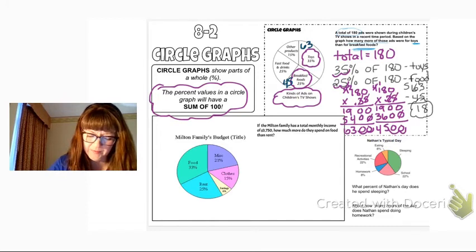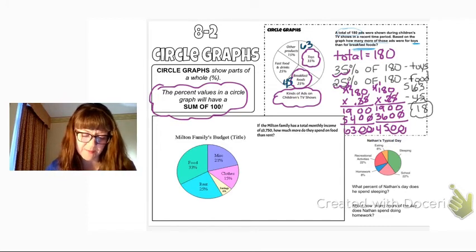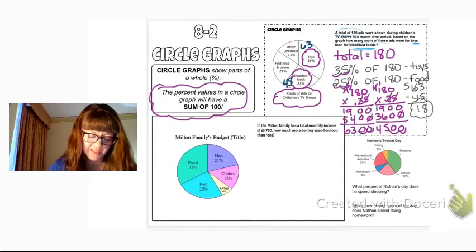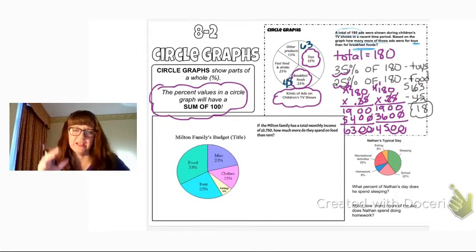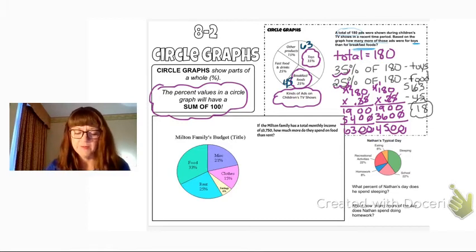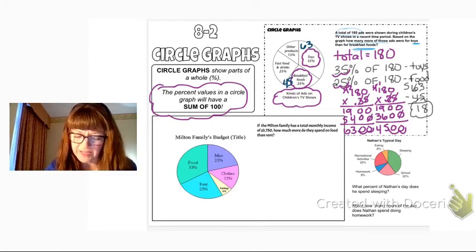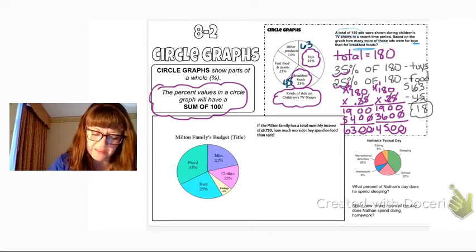Okay, next example. This circle graph shows us Milton's family budget. They spend 33% on food, 25% on rent, 6% on savings, 15% on clothes, and then 21% for miscellaneous. So we can see how each part relates to the whole. It says, if the Milton family has a total monthly income of $3,750, how much more do they spend on food than rent?